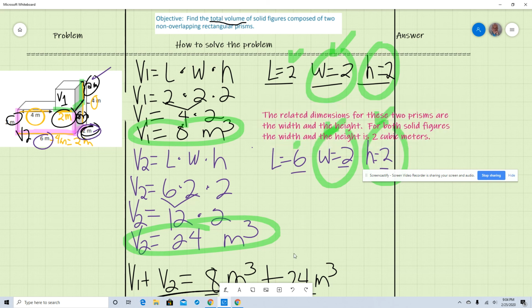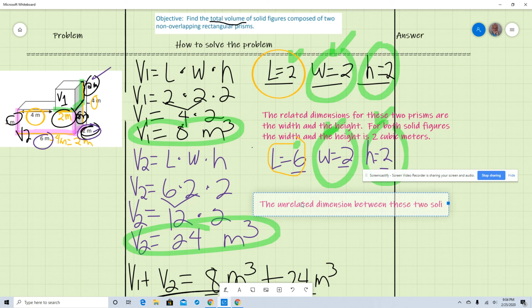So now we have to write one for the unrelated one. We notice that the length is the unrelated dimension. And this is how we write it. The unrelated dimension between these two solid figures is the length.